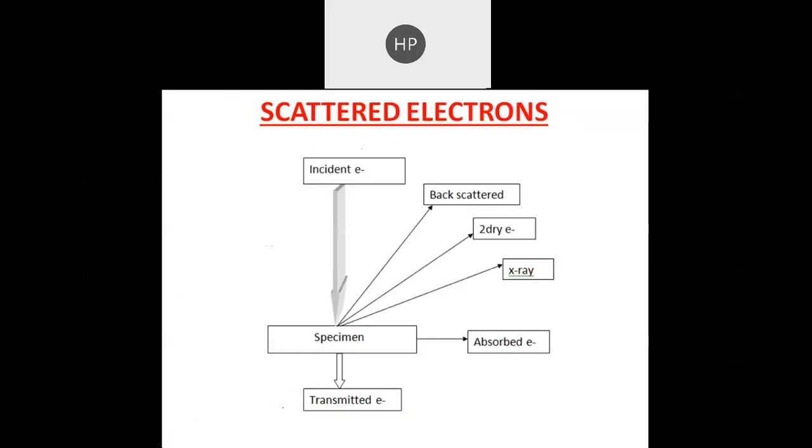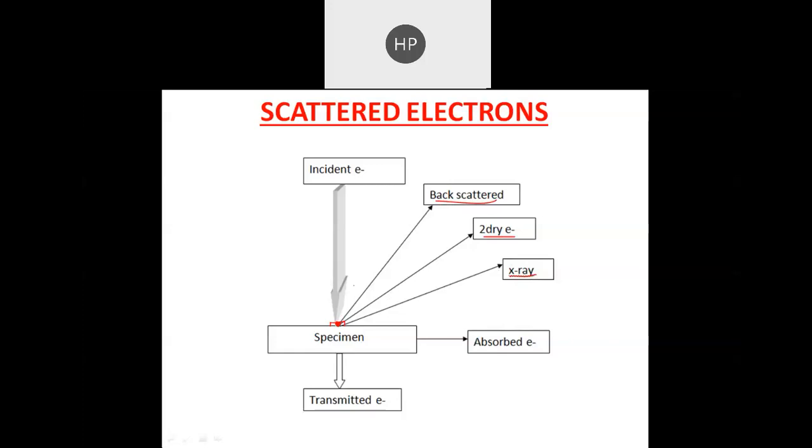This is the diagram: this is the incident electron beam falling on the specimen. On the specimen, at a particular location, we target the electron beam, and from that we get three types of signal: backscattered electrons, secondary electrons, and X-rays.